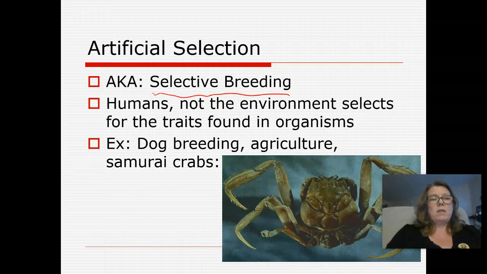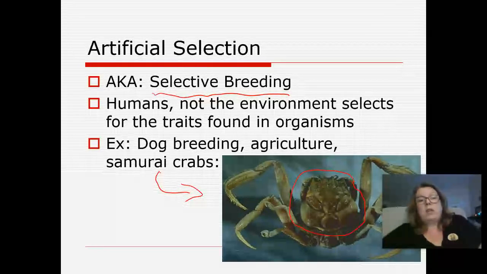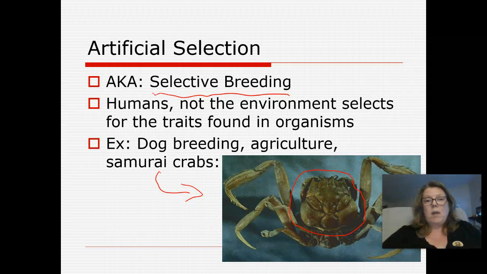There's also the example of the samurai crab, which you can see a picture of right there. If you look at the carapace of this crab right in here, I hope you can see a little human face there. And this particular species of crab in Japan was being fished for, and some crab had a mutation that made the little folds on the back of its carapace look like a human face. And a fisherman who picked that crab out of a net said, "This looks like a face. It looks like it's probably the spirit of a dead samurai," and threw it back.